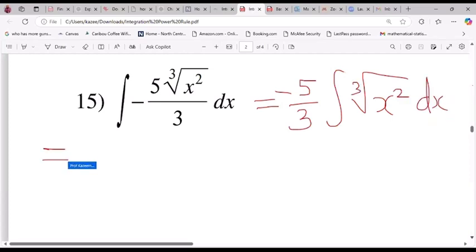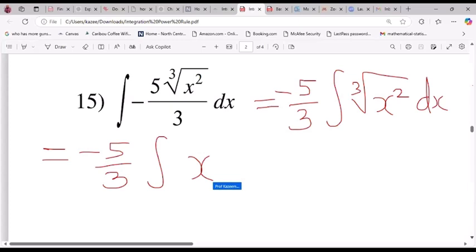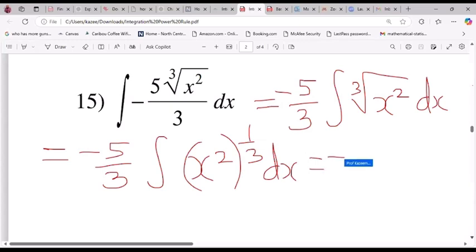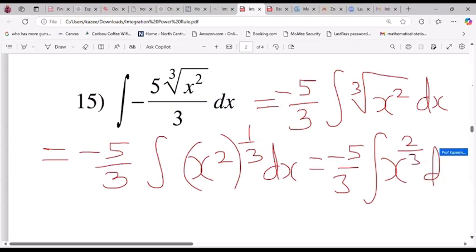So here we should have minus 5 over 3 integral x to the power 2. Now, when you have a cube root, it's the same thing as raising to the power 1 over 3. So if I want to write that, I'm going to do 5 over 3 integral x to the power 2 over 3 ds.